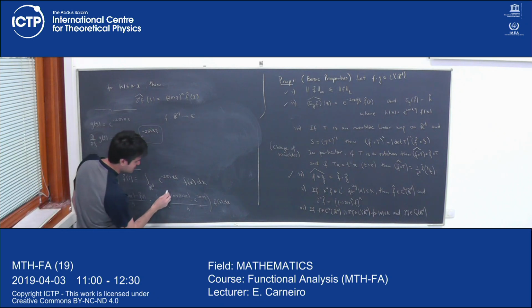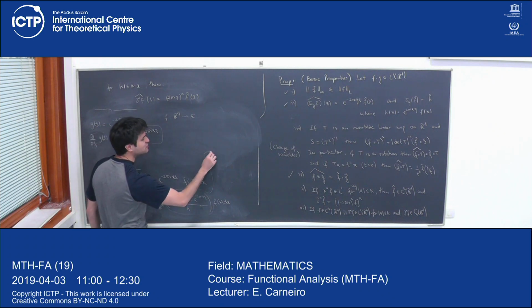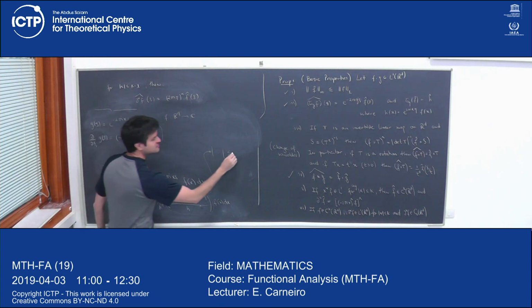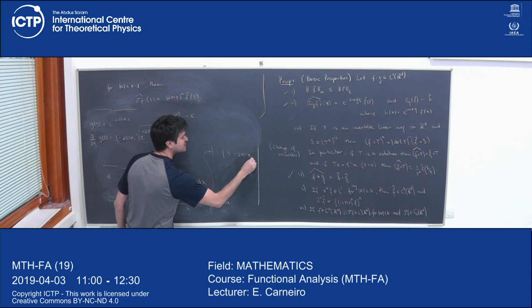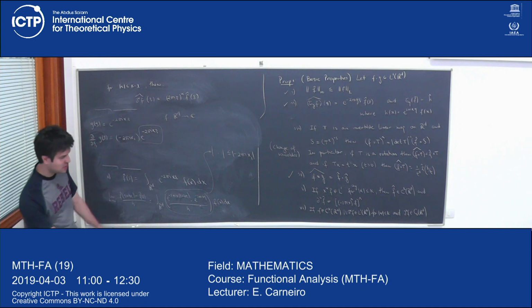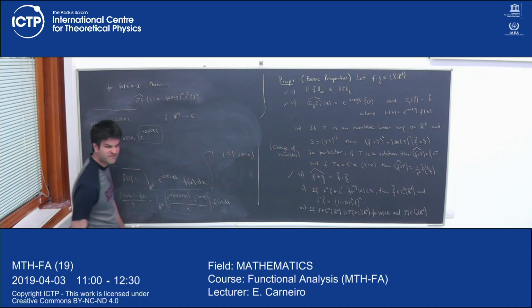So my claim to you is just that this object is bounded in absolute value by this quantity, minus 2 pi i xi, in modulus. So this is dominated by this quantity.